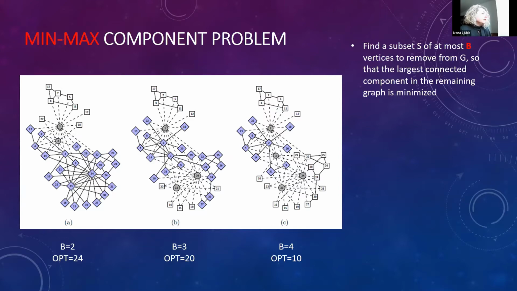And now you can think of this application as immunization against the propagation of a virus in the network. So these vertices that we are removing could be the vertices that are immunized by the vaccine, or if we talk about possible cyber attacks, where the computer virus would be spreading through the network, those would be the nodes that you will have to turn off from the network, or where you will have to install some special security measures.